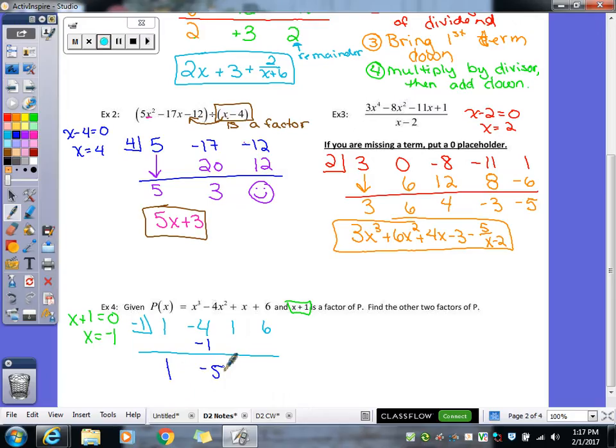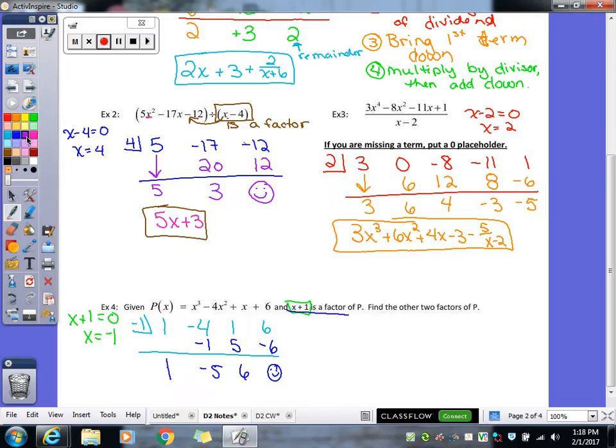Negative 5 times negative 1. And then 1 plus 5 is? And then 6 times negative 1. So we get a 0, which we already anticipated we were going to get because they told us that x plus 1 is in fact a factor. So we knew our remainder there was going to be a 0.